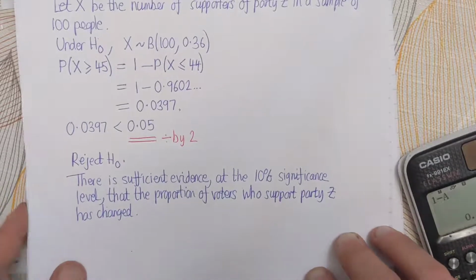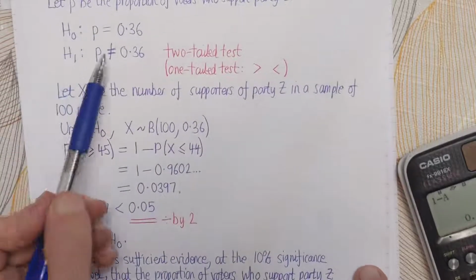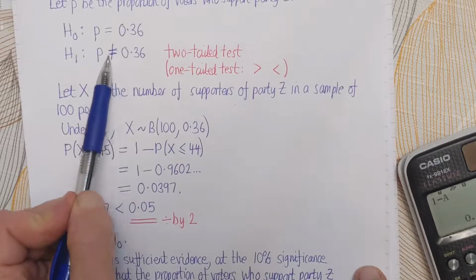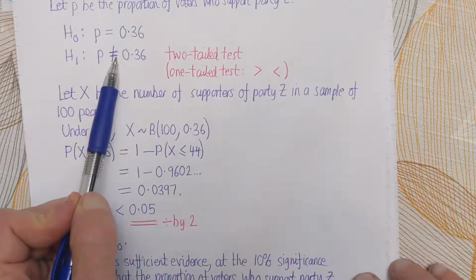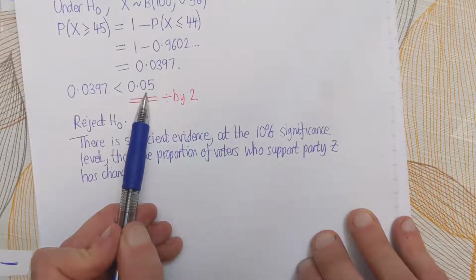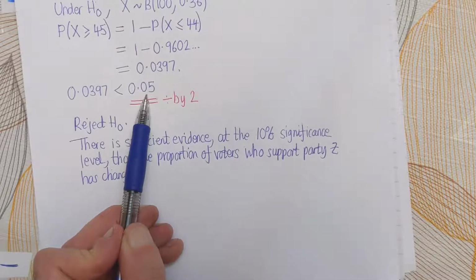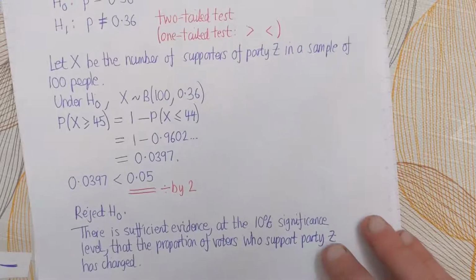That's the end of the question. So key points there, not equal to, as it's a two-tailed test. Significance level must be halved. And of course, your solution must follow a certain structure.